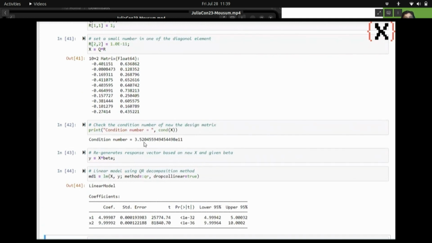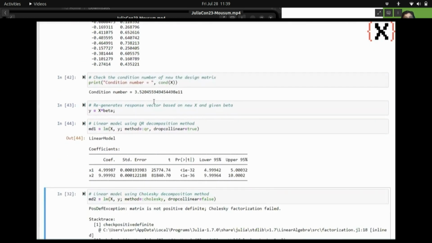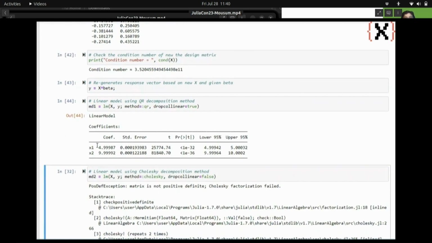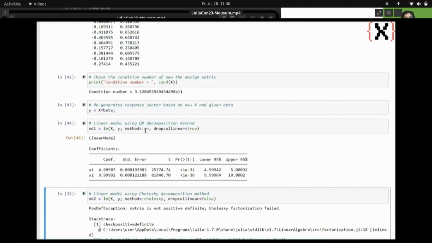The condition number is less than 10 to the power 12, so the QR decomposition method is not giving a perfect match, but the estimates of beta are correct up to 3 decimal places.